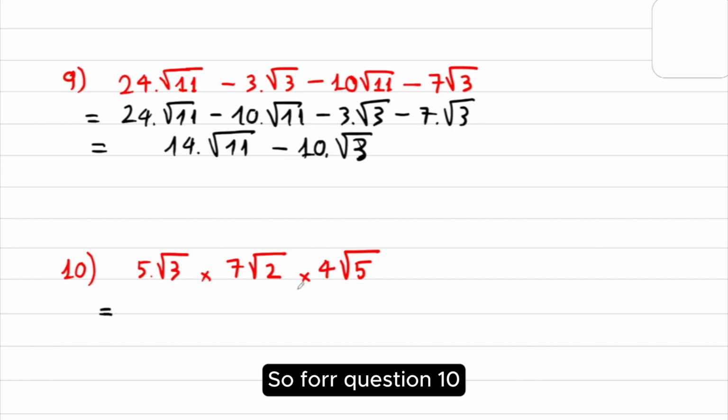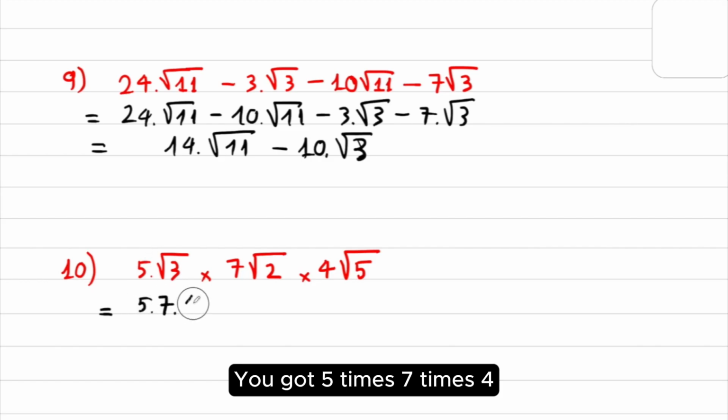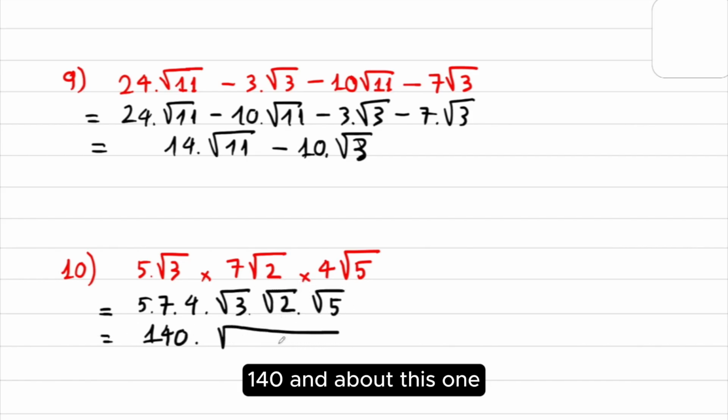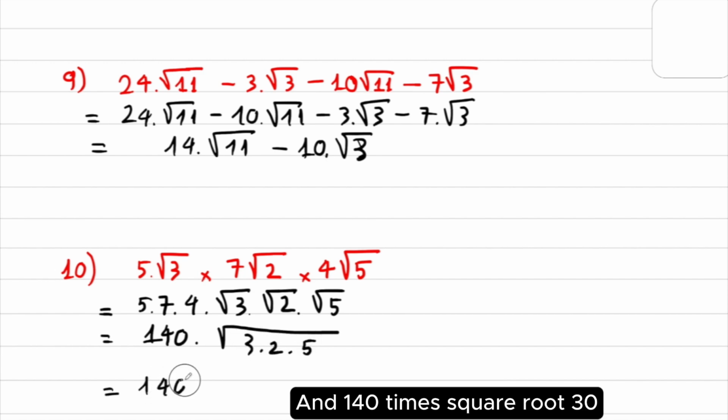Okay, so for question 10, you have 5 times 7 times 4 square root 3 square root 2 square root 5, 140. And about this one, you get 3 times 2 times 5, and 140 times square root of 30.